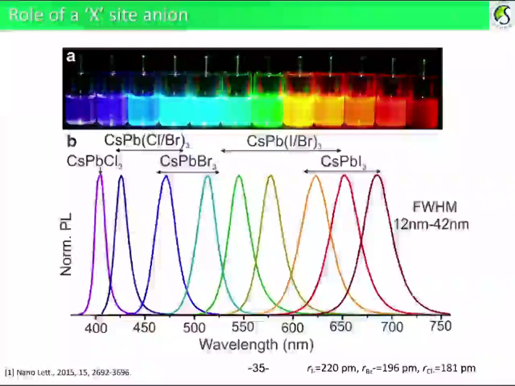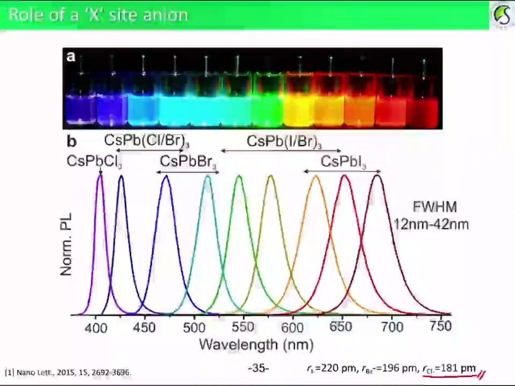And the chloride ion has a smaller ionic radius. So as we replace the bromide with the chloride ion, the band gap of the perovskite film will further increase.